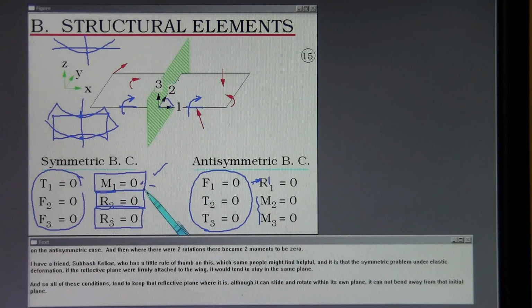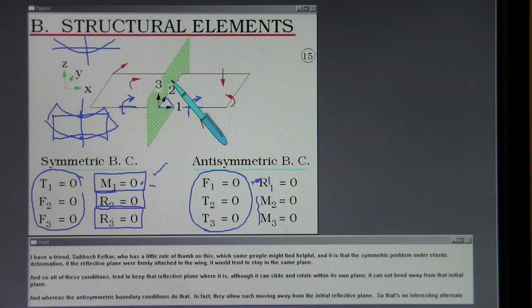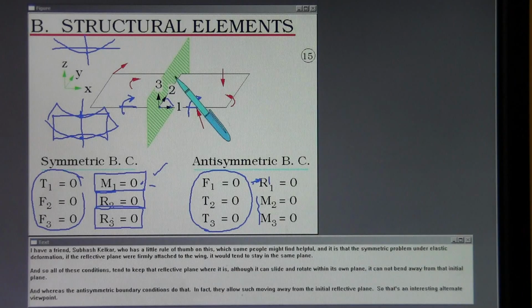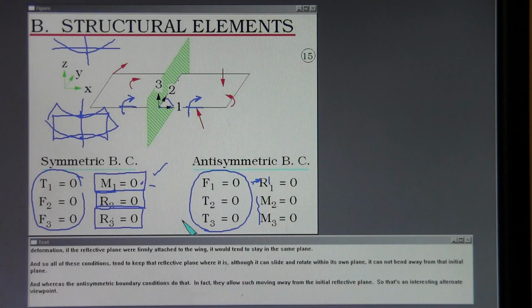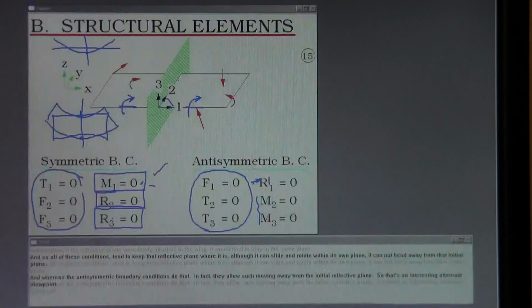And so all of these conditions tend to keep that reflective plane where it is. Although it can slide and rotate within its own plane, it cannot bend away from that initial plane. Whereas the antisymmetric boundary conditions do that, in fact, they allow such moving away from the initial reflective plane. So that's an interesting alternate viewpoint.